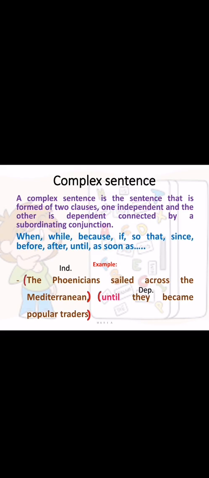A compound complex sentence is the sentence that is formed of three clauses, two independent and one dependent, connected by a coordinating and a subordinating conjunction respectively.